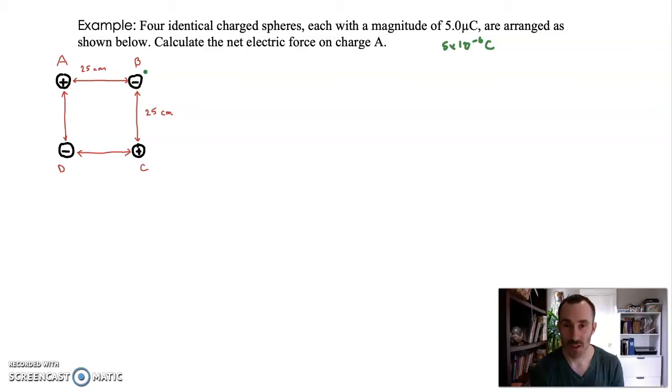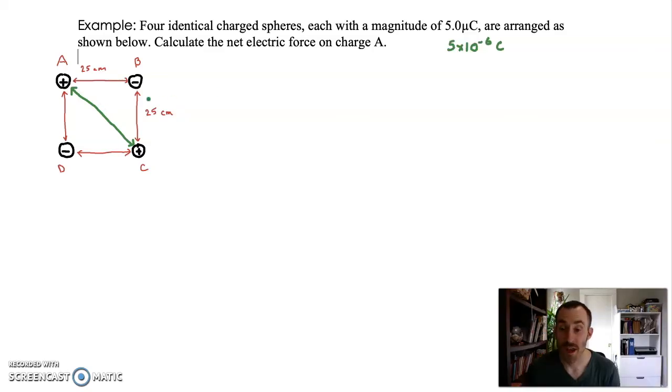There is one thing that is not the same though, and that is the distance from C to A. This distance is not 25 centimeters like the rest of them. That distance is the hypotenuse of a right-angled triangle with sides of 25 centimeters. So first of all, we'll need to figure out what that distance is.